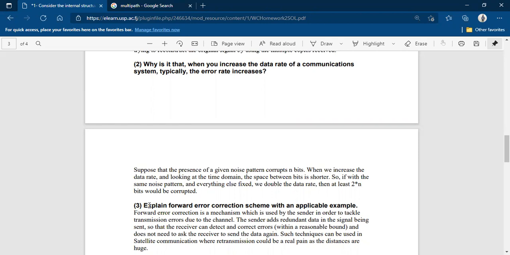Let's say we have a particular fixed point, right? So let's say we have this particular point over here, and then we have a set of information, this signal passing through.